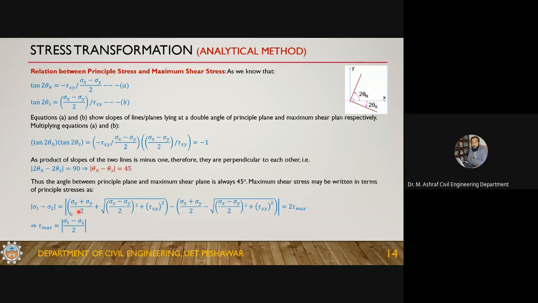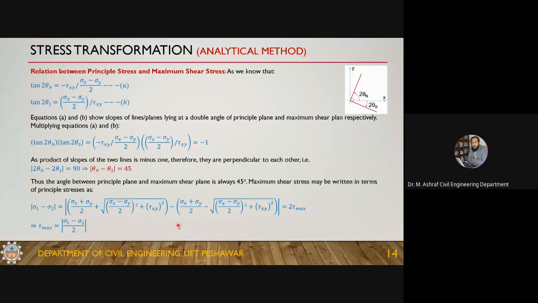Now you have the expression of sigma 1 and the expression of sigma 2. If you subtract them and take the absolute value, sigma 1 minus sigma 2, what will you get?